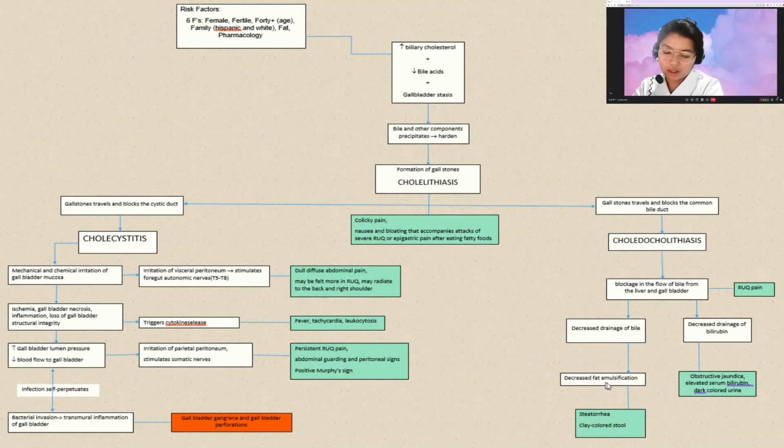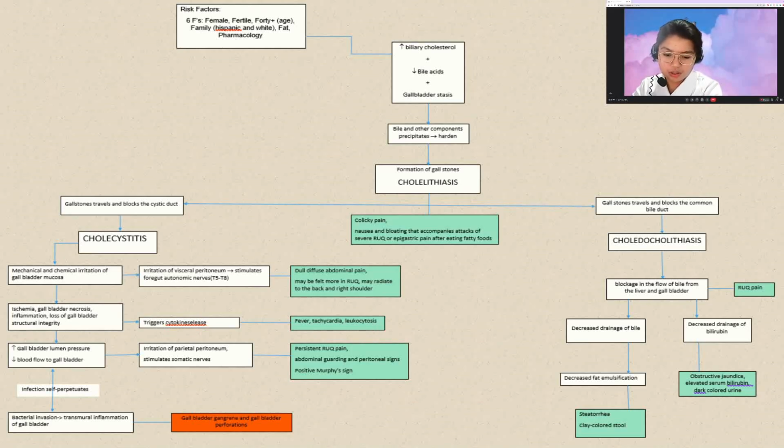Now, what does this manifest as? It manifests as steatorrhea and clay-colored stool. Now, when there is blockage in the flow of bile, there is also decreased drainage of bilirubin. Now, what is bilirubin? This is very important because it manifests as obstructive jaundice, because bilirubin is the one that gives this yellowish color.